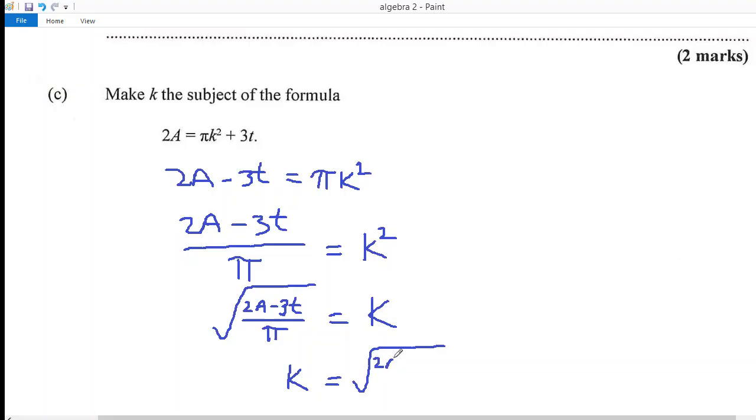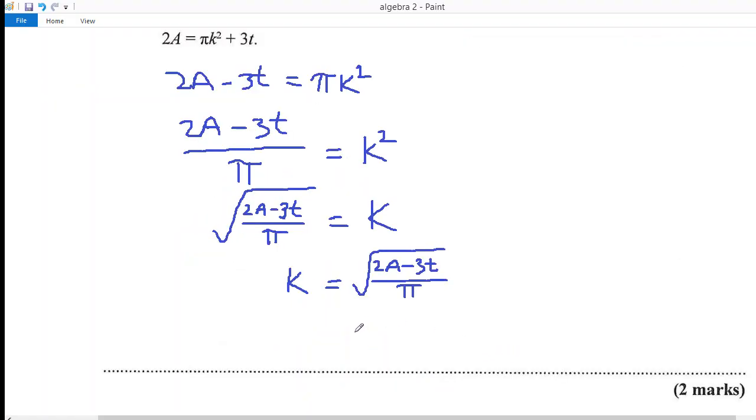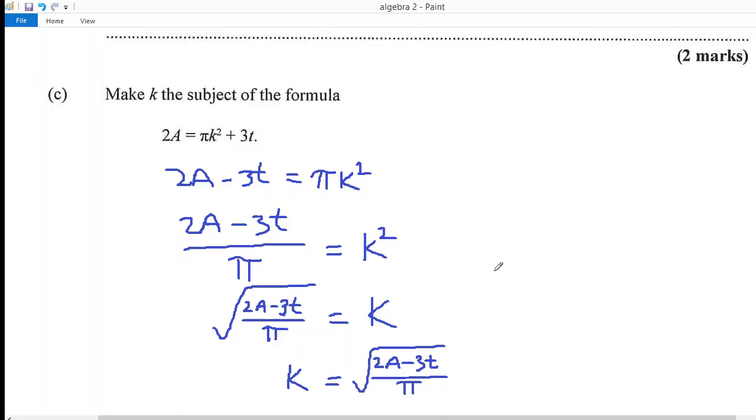So we have k equals the square root of 2a minus 3t over pi. And so now k is the subject of the formula because it is by itself on one side of the equation, and all other constants and variables are on the other side of the equation. So this is our answer for number 2, part C.